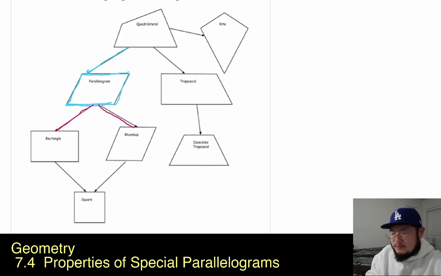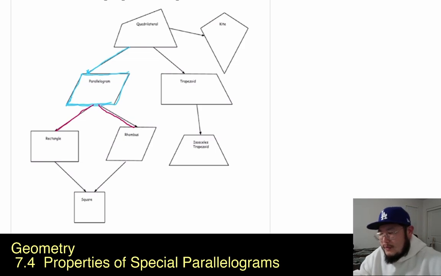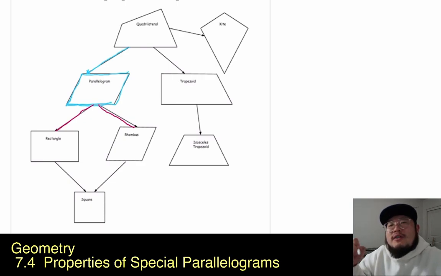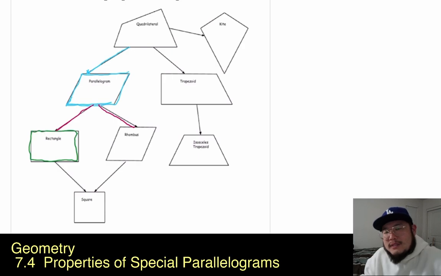Some do. When we take a look at a rectangle right here, one of the things we need to understand is that it has all the characteristics of a parallelogram: opposite sides congruent, opposite angles congruent, opposite sides parallel.